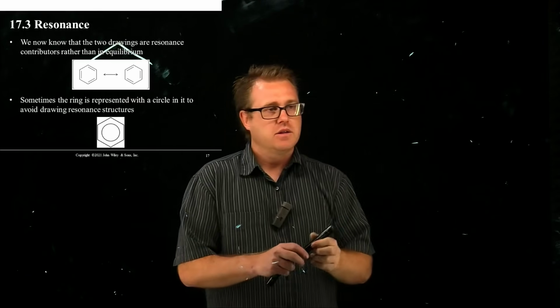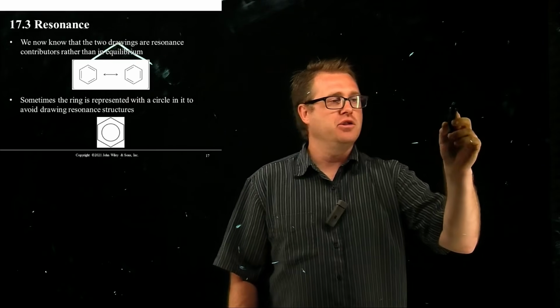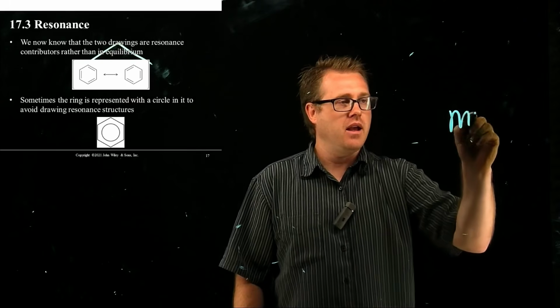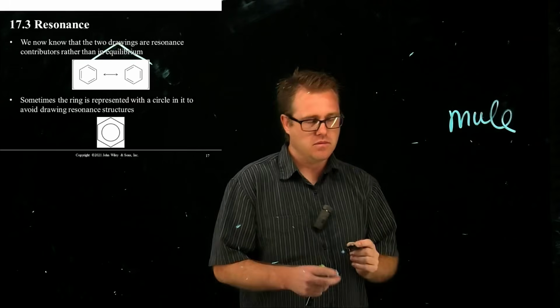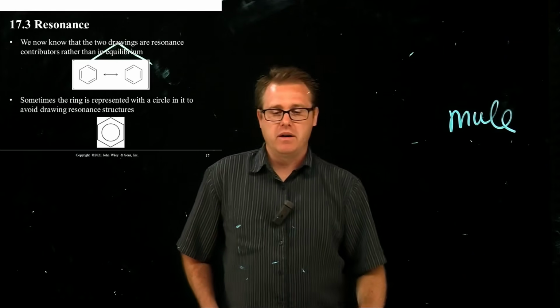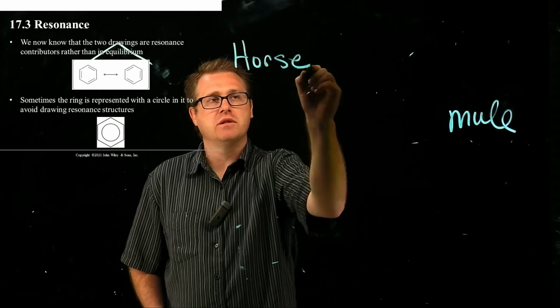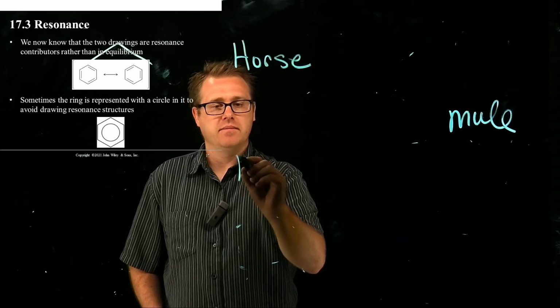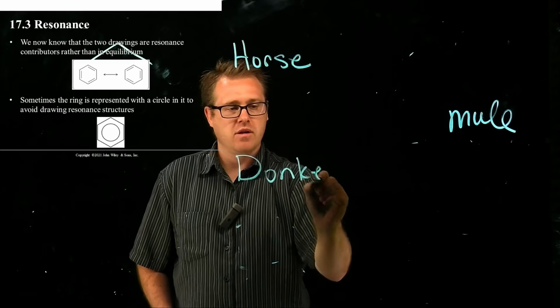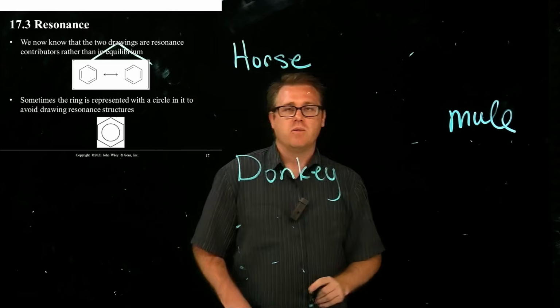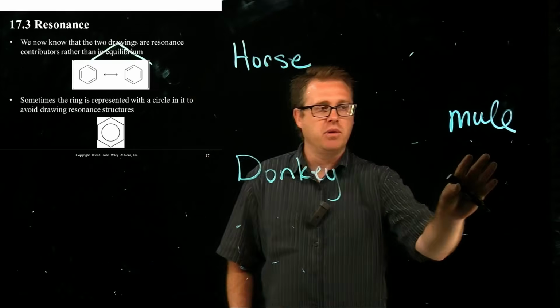Does anyone know how to breed a mule? Well, it takes two animals. You need a horse and a donkey. When a horse and a donkey breed, you make a mule.